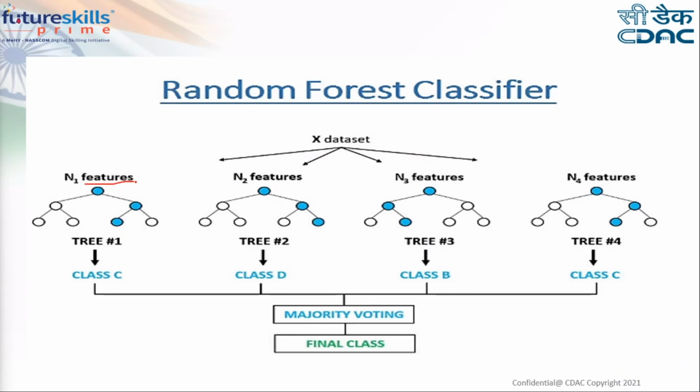We are taking different attributes, along with that, we are taking different data sets, and different trees we are creating. Means with different features and different data sets, trees will be created. Those trees will give different outputs for a given test set. Then we will do the majority vote and finally we'll get the output.